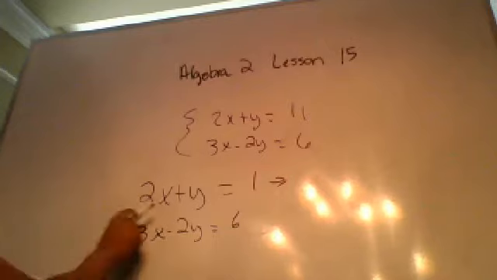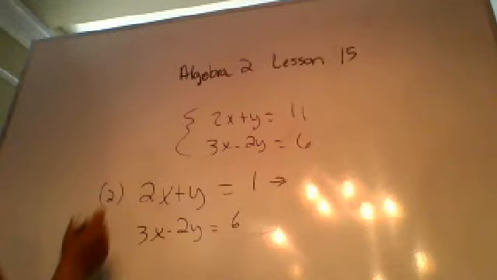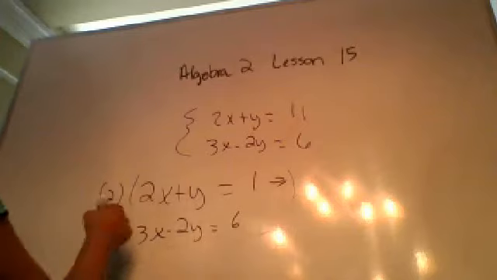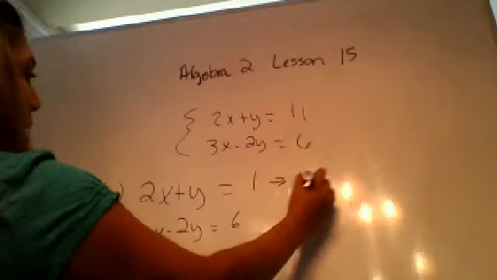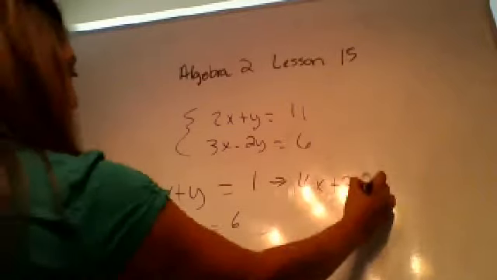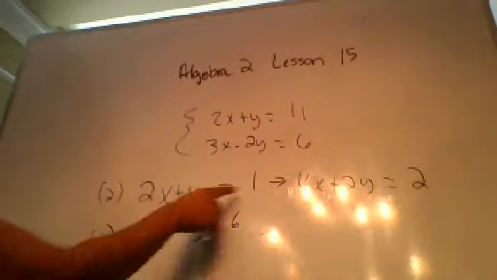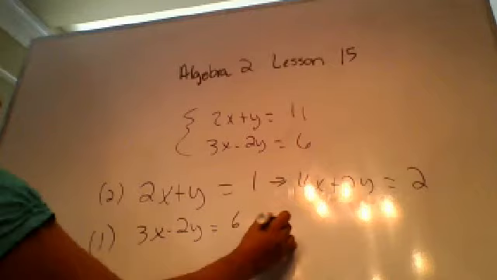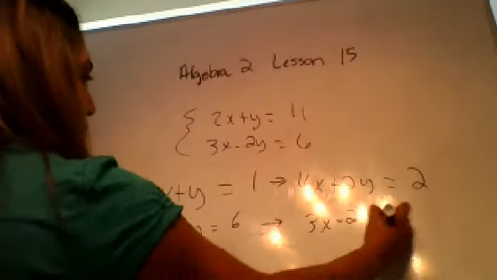It doesn't change anything as long as I multiply every term in the entire equation. So I'm going to multiply this by 2 and this by 1. We use the distributive property, times every term. 2 times 2x becomes 4x, plus 2y equals 22. Do you see that? It's 2 times every term. Here, I multiply by 1, so it doesn't change. It's simply the same: 3x minus 2y equals 6.